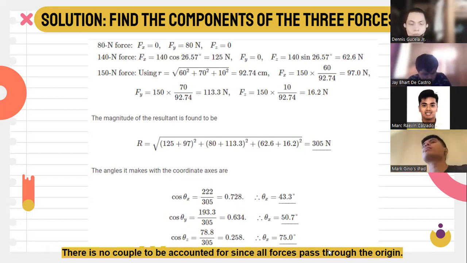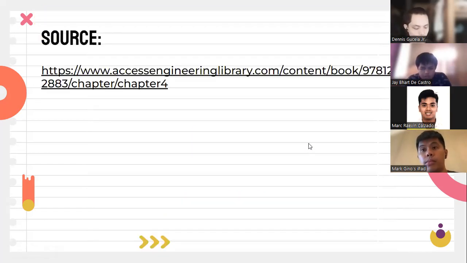For cosine theta y, the answer is 50.7 degrees, and for cosine theta z, the answer is 75.0 degrees. To summarize, there is no couple to be accounted for since all forces pass through the origin. So that's all for our sample problems. We'll proceed to the next slide.